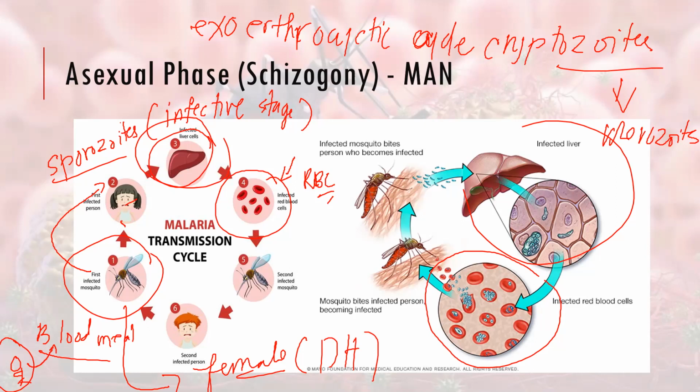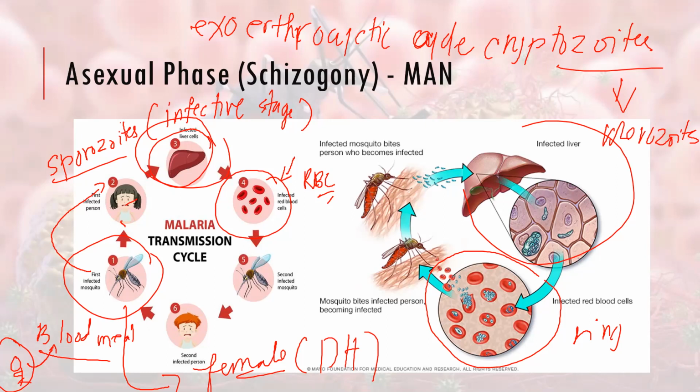There will be a ring formation, the ring trophozoite, which can be seen in the peripheral blood smear, or in the thick and thin blood smear of the patient, that will be used for identification. The ring trophozoite will mature to schizonts, and the schizonts will contain the merozoites, which are then released from the red cells.